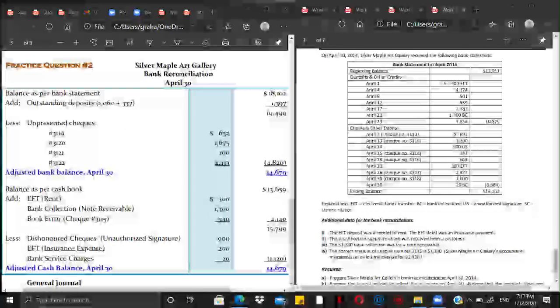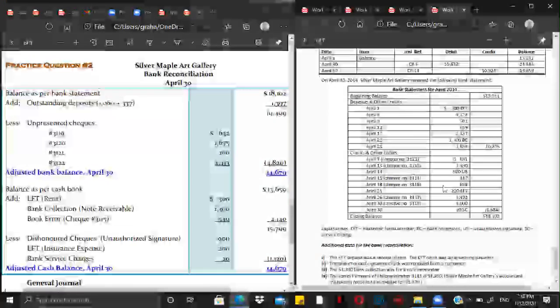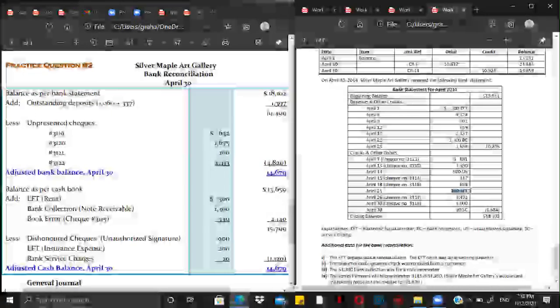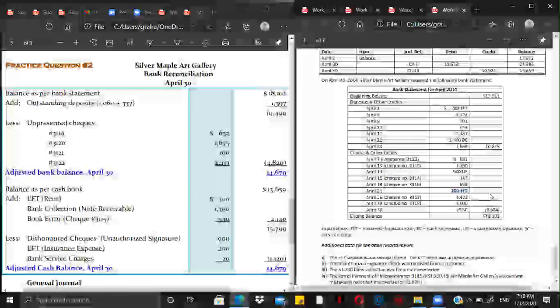And this $200, we look on the payment side of our cash book and see if we see it. I don't see any $200. So that is basically telling me that it was not recorded on our cash book either. So therefore, this one, and you can jot it down beside it, we'd have to take it out of the cash book balance. Everyone understands that?